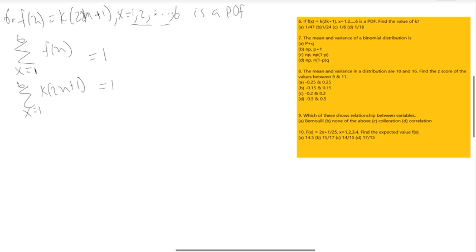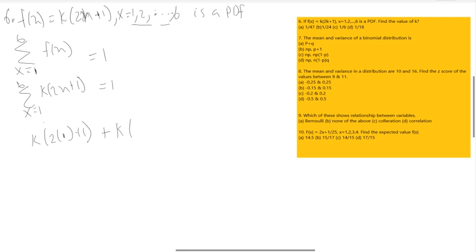So what we're going to do now is complete the summation and expect that everything is equal to 1. Here we have k outside, then we have 2x + 1. We're going to put 1 wherever we see x, but we are not stopping here. We're also going to have plus. This k is going to be constant because it is the PDF. For the second one, x is going to be 2.